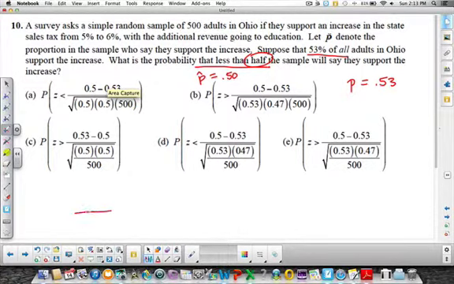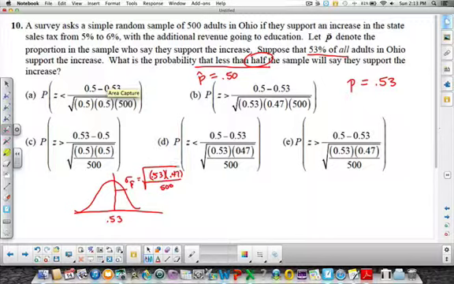If we were looking at a picture, the truth here is that my population is going to have a true proportion of 0.53. The standard deviation of my sampling distribution would be 0.53 times 1 minus 0.53, which is 0.47, divided by the sample size, 500, and then we want to take the square root of all that.